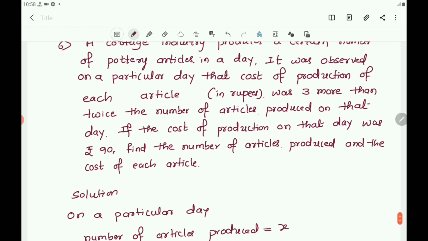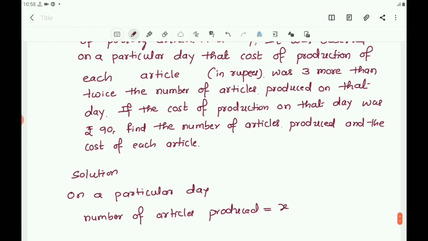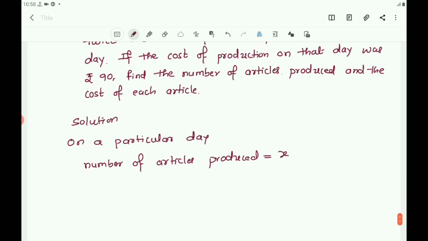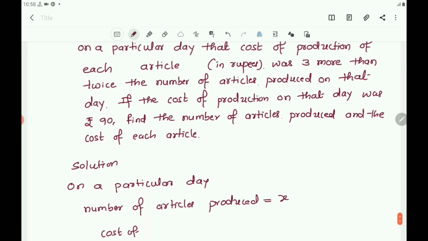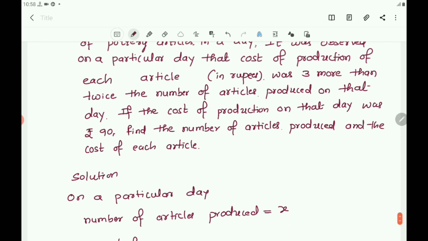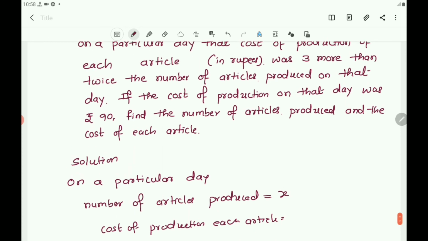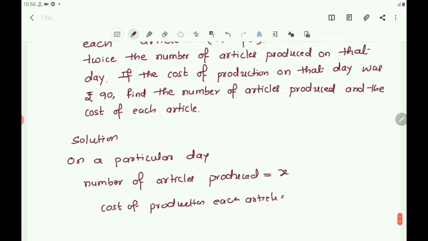It is also said that the cost of production of each article is 3 more than twice the number of articles.